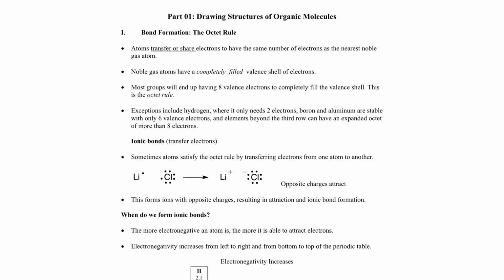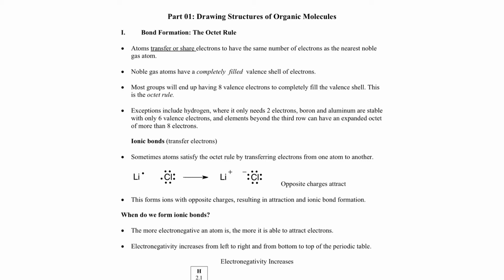And elements beyond the third row, which we don't talk about at all in OChem really, we discuss those more when you take inorganic chemistry. So these have an expanded octet of more than 8 electrons. So don't really worry about those that much, even though we are going to touch on it slightly.